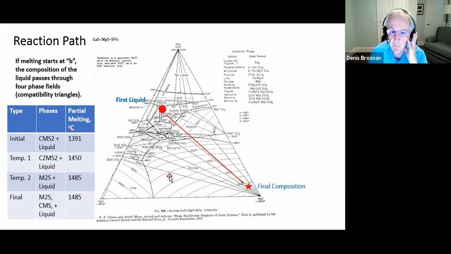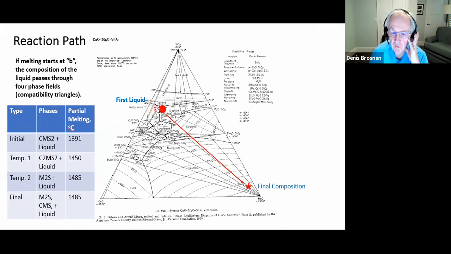So we have a reaction path. And the reaction path is the first liquid forms up here somewhere. It's a non-equilibrium liquid. And the composition of the liquid has to go toward the final composition. The overall composition is right down here where the star is. But the second phase composition, the liquid, starts here.